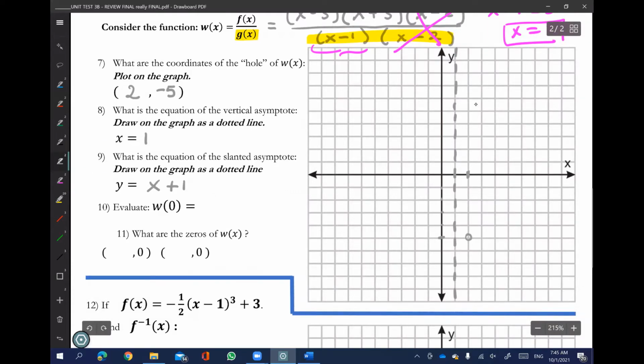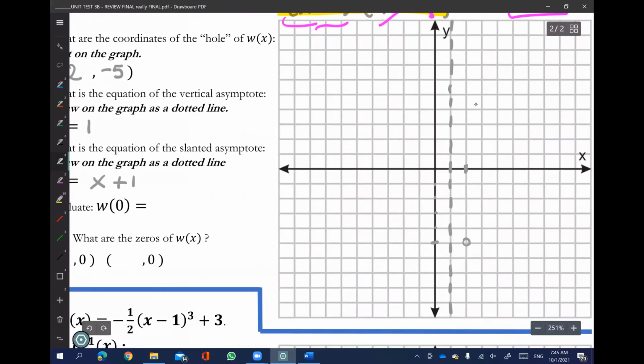So to graph this line, the y-intercept is 1, and the slope is 1. So I'm going to have this perfect diagonal.